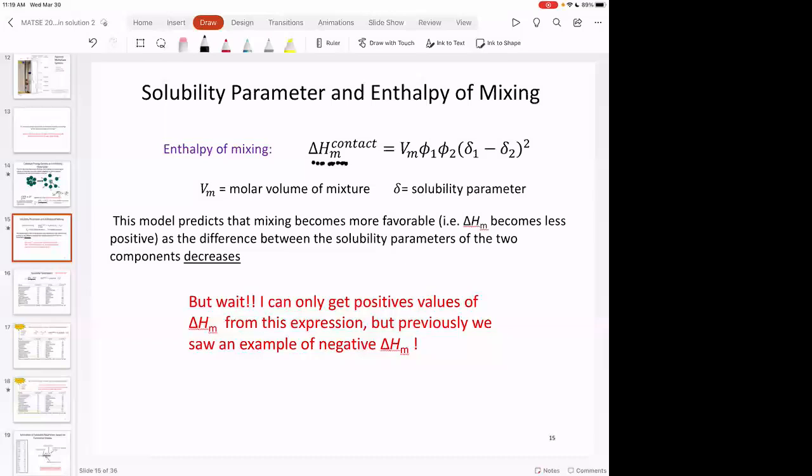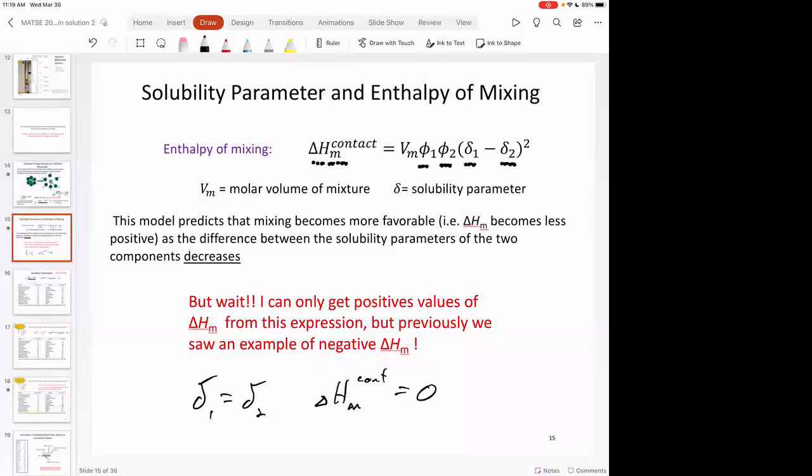And so it's the difference of these solubility parameters and the volume fractions that are important. If delta 1 equals delta 2, then delta H mixing contact equals 0. So we have equivalent intermolecular interactions.